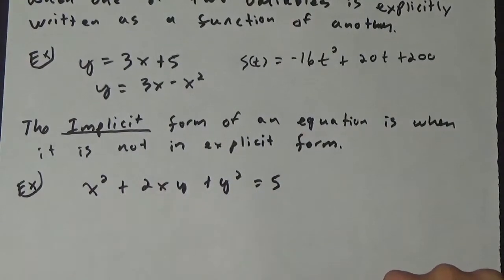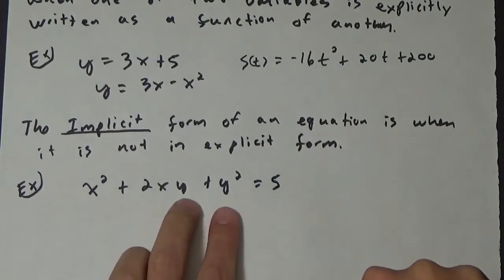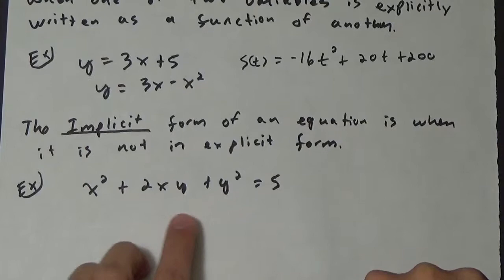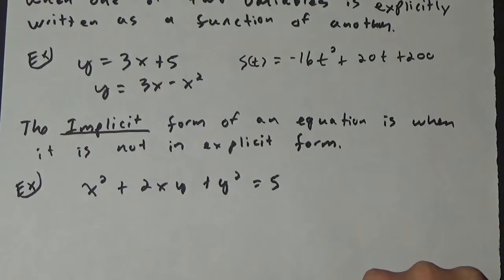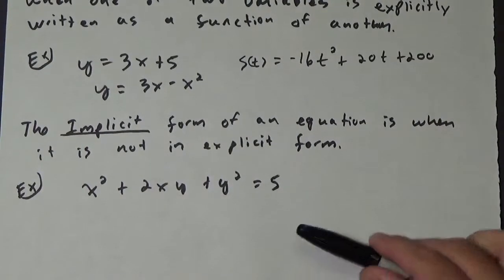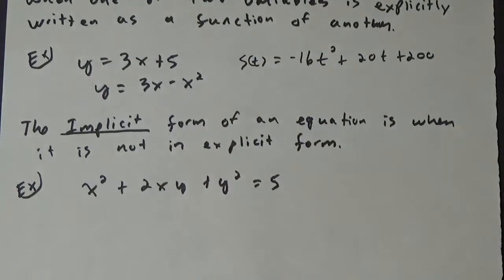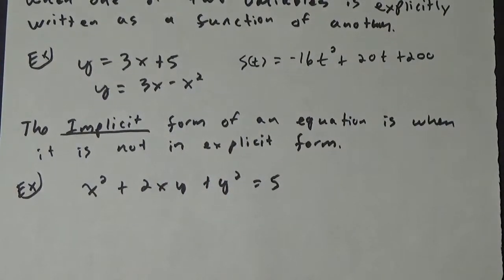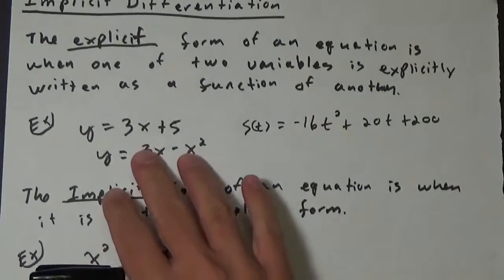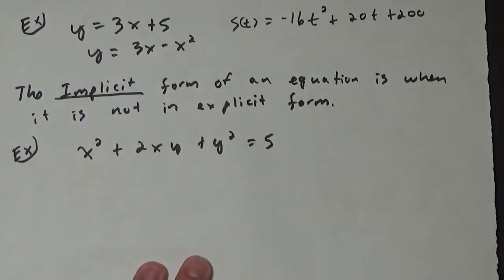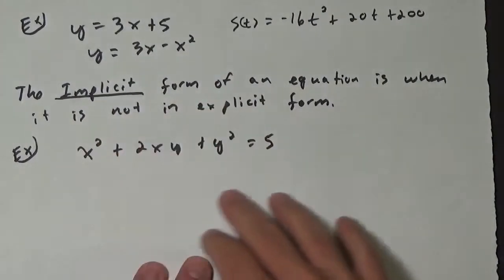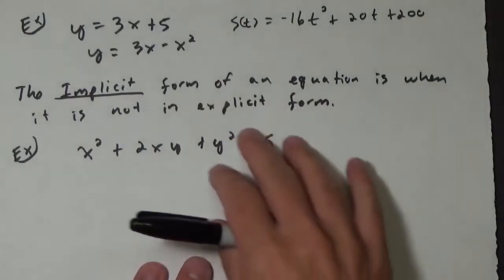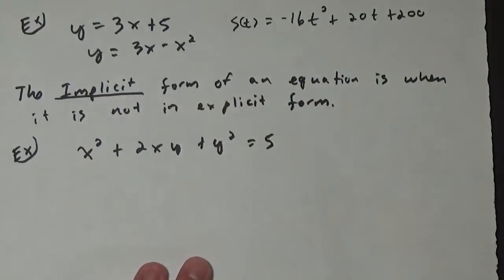And the thing that happens here is because of the y and this y squared, or this x and this x squared, there's no way to take this and rewrite it as y equals some other equation, like we were able to up here. So it's an implicit form, and in this case we're going to have to use implicit differentiation.